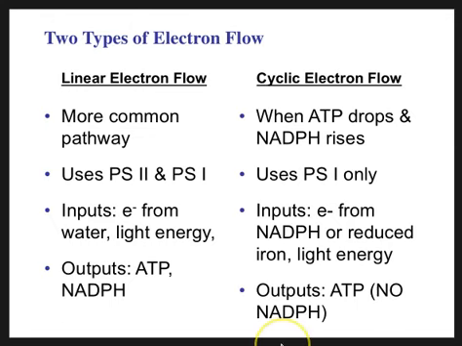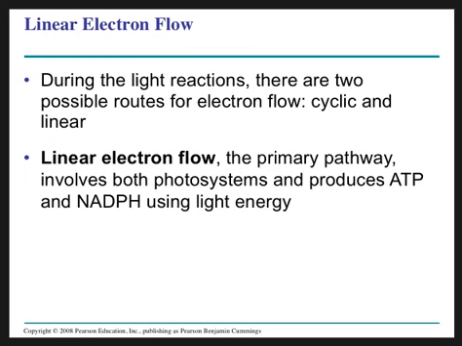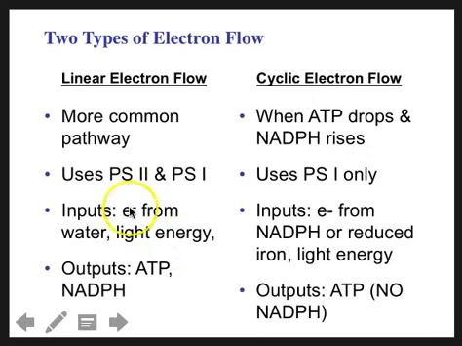Okay, so what then is going to happen is we're going to move those electrons, right? So we're going to basically have an electron transport, and we can do this in a straight line, in a linear fashion, or in a cyclic fashion. So these are your two compare and contrast. I'm going to skip over them for a moment because I need us to look at what I'm actually talking about in part of that, because we talk about linear and cyclic electron flow.